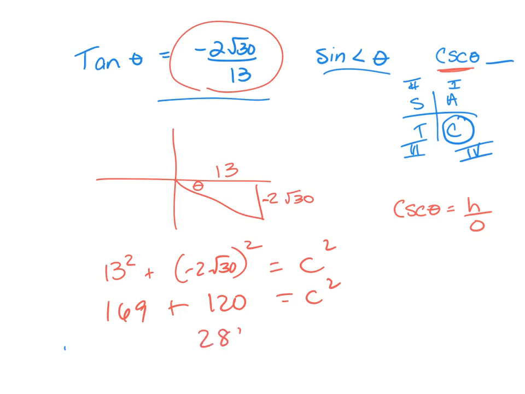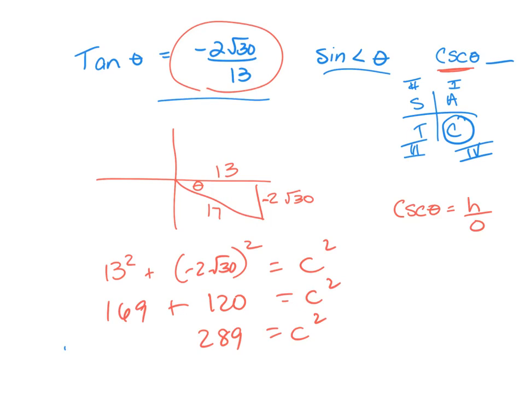That's 289 equals c squared. And that's 17. The square root of 289 is 17, so the hypotenuse is 17. You guys know how to do that now? If you get a decimal, you've got to simplify the radical as much as you can. If you get a whole number, you're good to go.